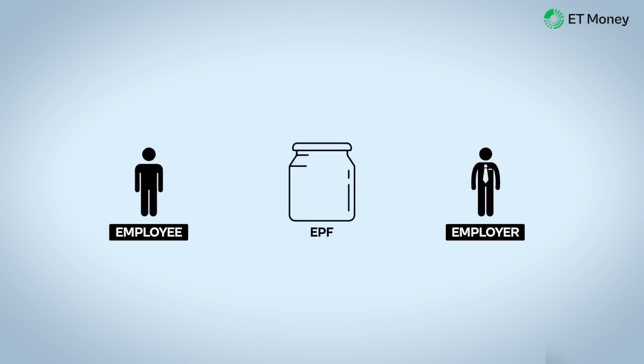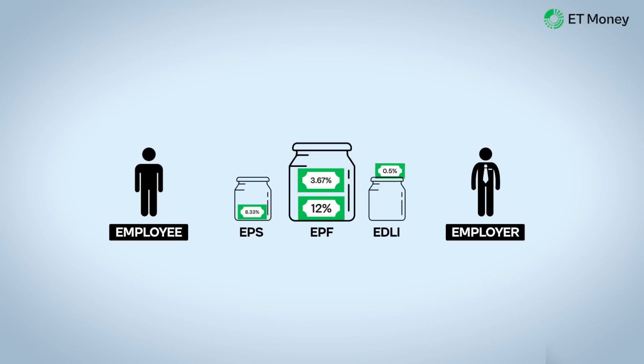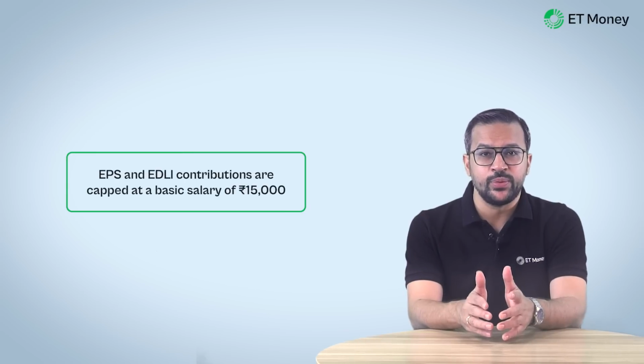Now, when you contribute 12% of your basic salary to the EPF, that 12% goes to the EPF. On the other hand, the employer's contribution of 12% is divided into 2 parts. 8.33% of it goes into the EPS and 3.67% of it goes into EPF. Another 0.5% goes to the EDLI. However, do note that the EPS and EDLI contributions are capped at a basic salary of 15,000.